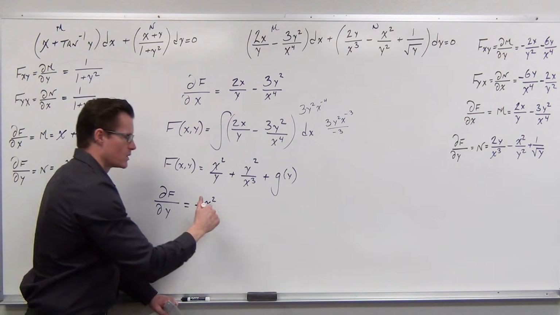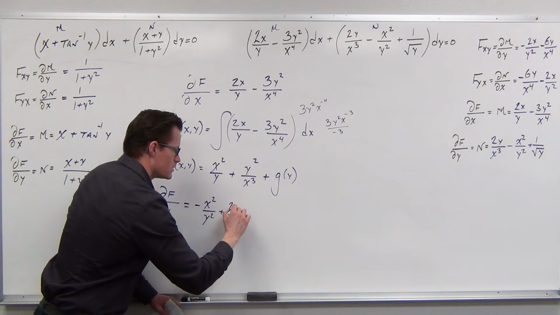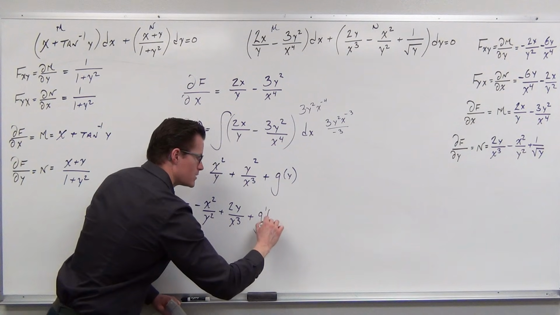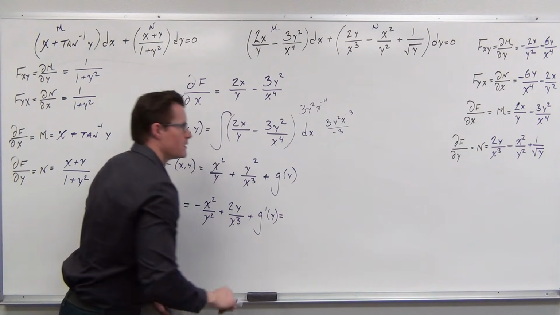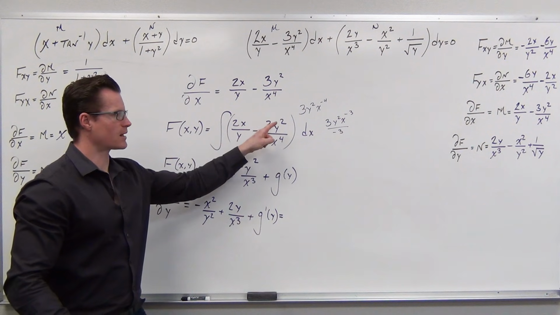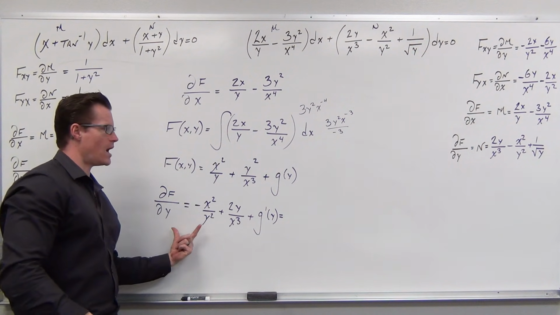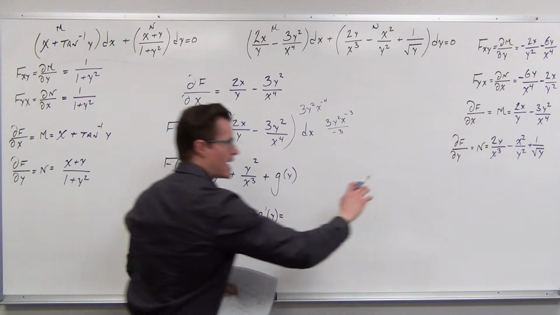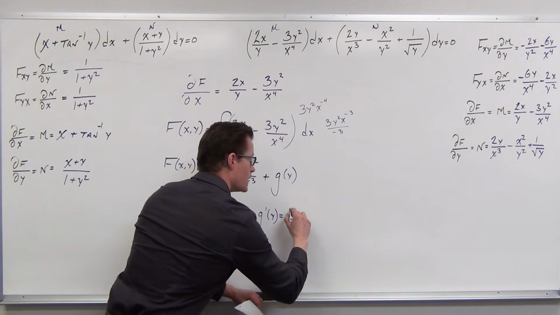With respect to y here would give us a plus 2y over x cubed, and then we get this derivative of y. So we picked m, integrated x, derivative y is n. We set it equal. So this has to be equal to all this stuff.